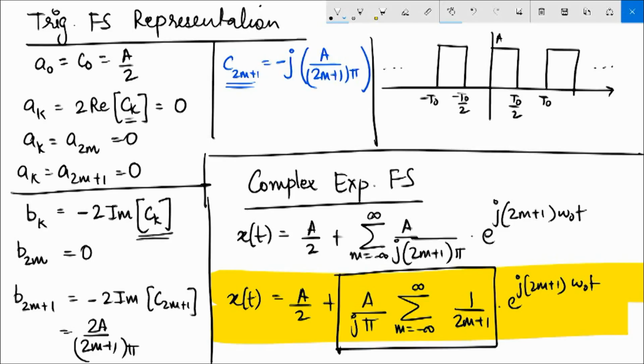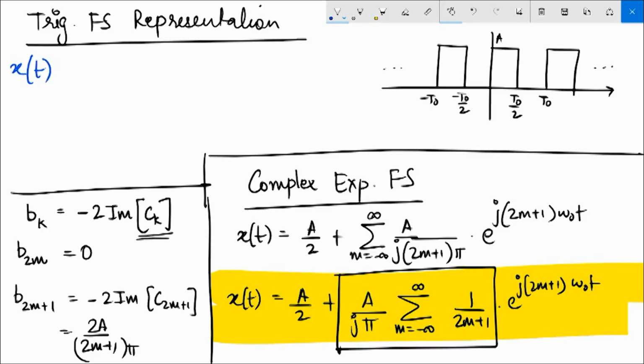How can I rewrite it? x(t) is equal to a by 2, meaning a naught, plus 2a by pi, which is a constant and does not have any term of m, so I can keep it outside, summation of 1 upon 2m plus 1, all the odd sine harmonics.